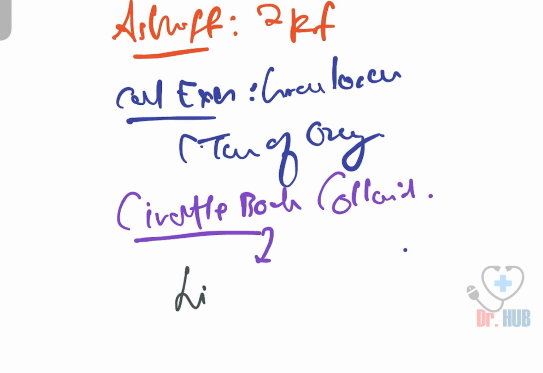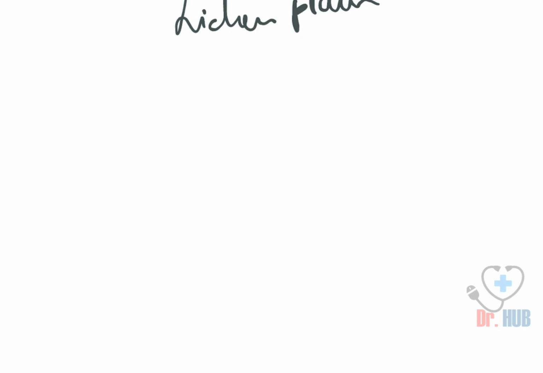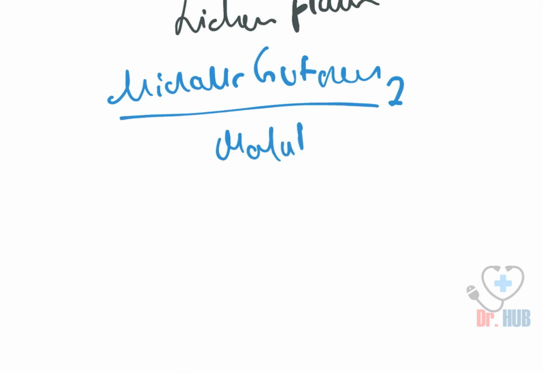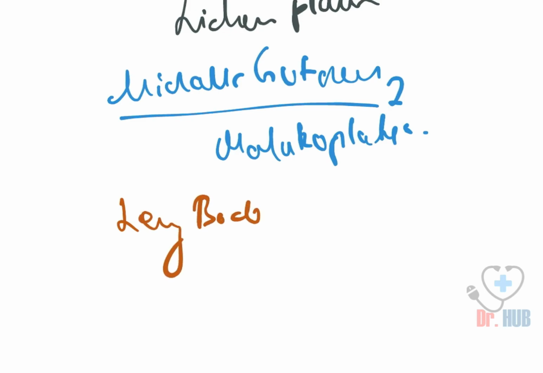They are seen in case of lichen planus. Then looking at the Michaelis-Gutmann bodies, they are seen in case of malakoplakia. Then looking at the Lewy bodies, they are seen in case of Parkinson's disease.